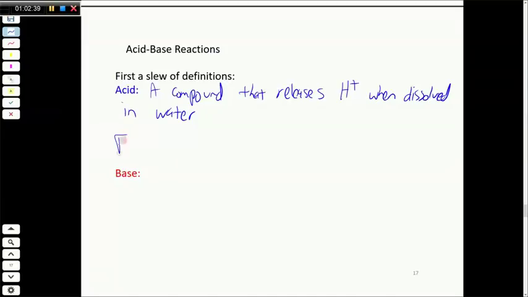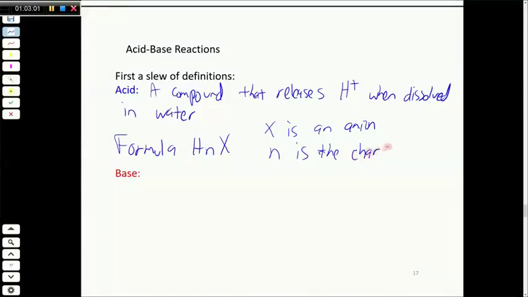And as we already talked about, the formulas for acids are pretty easy to recognize. They start with hydrogen, they have some number of hydrogens, and they're paired with an anion, where X can be either a simple or polyatomic anion, and the number of hydrogens it's paired with is dictated by the anion's charge. So each charge that you have on the anion is compensated by 1 H plus.